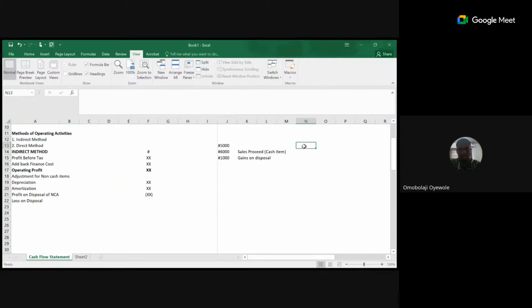So if, as at the end of the reporting period, my net book value is 5,000 and my sales proceeds is 4,000, it means I sold for 4,000, so I have incurred a loss of 1,000.